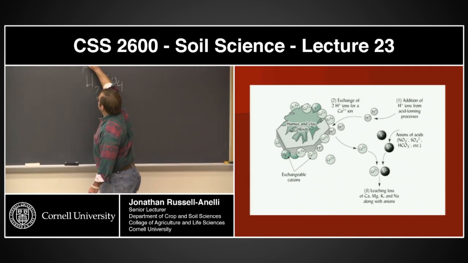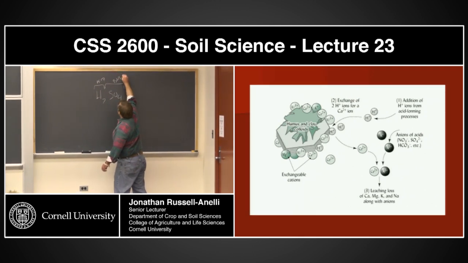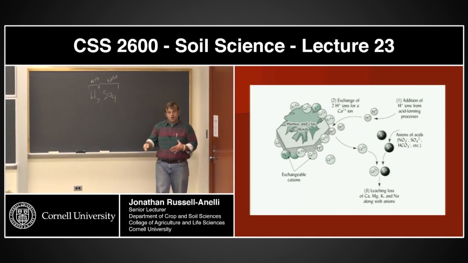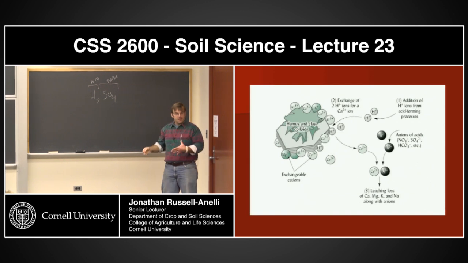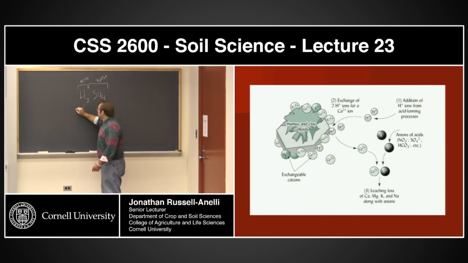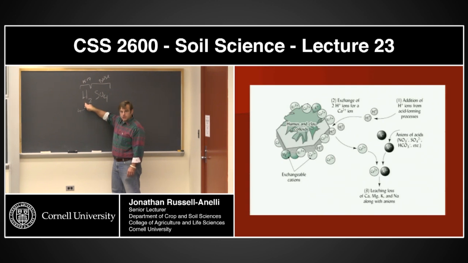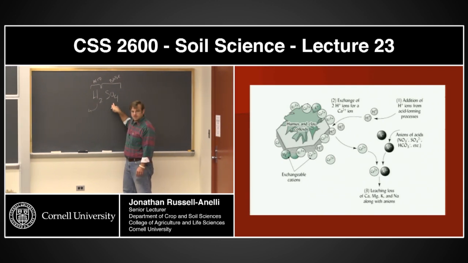This is the acid component, and this is the base. Now, there are strong acids and strong bases, and there are weak acids and weak bases. The stronger the acid, the more there's going to be dissociation of the proton from the base. Does that make sense? Yes? The weaker the acid, the less dissociation of the proton from the base.